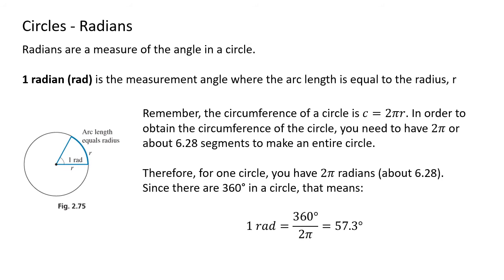In other words, if you trace a line along the circle here, and you stop at this point and you measure that, 1 radian means that length that you measured by tracing that spot on the circumference of the circle is equal to the radius.